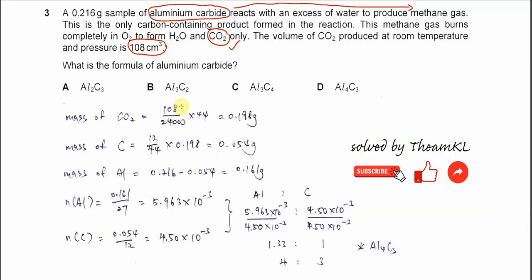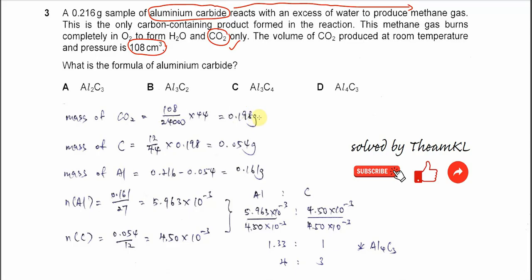This is the mole of the CO2 produced, times 44. 44 is the molar mass of the CO2. So we will get 0.198 gram of the CO2 produced. So 108 cm3 gives us 0.198 gram.